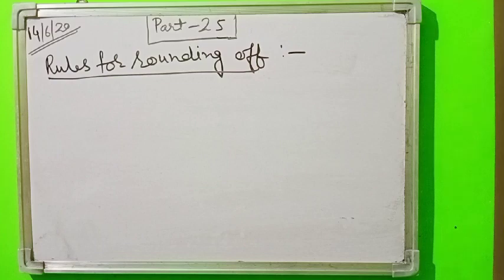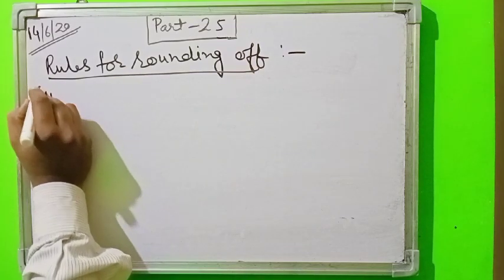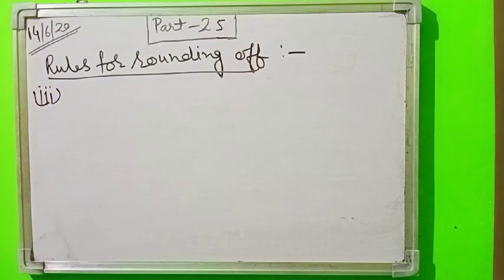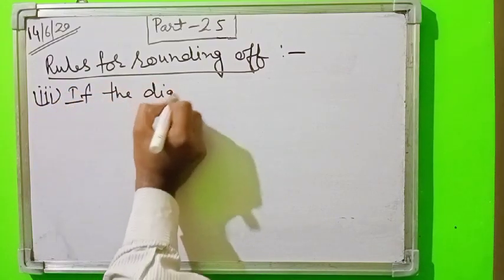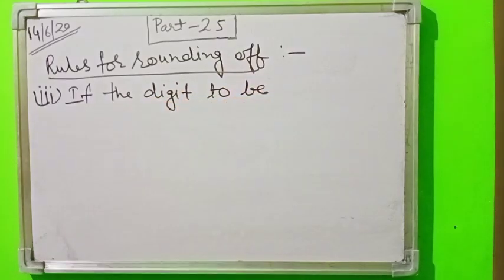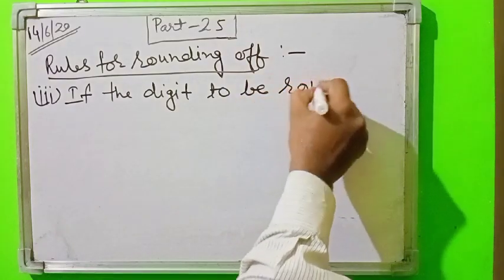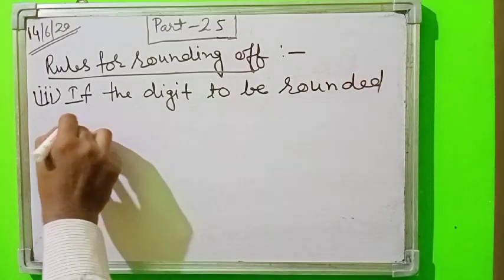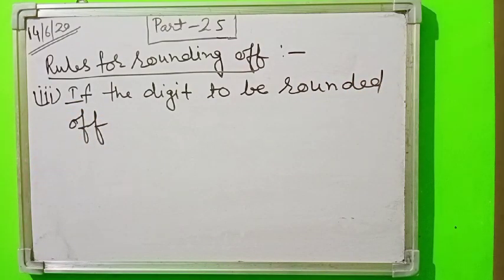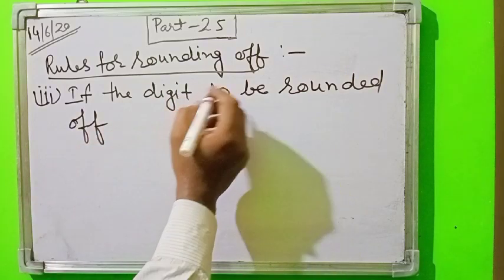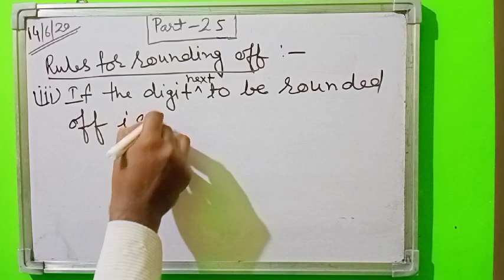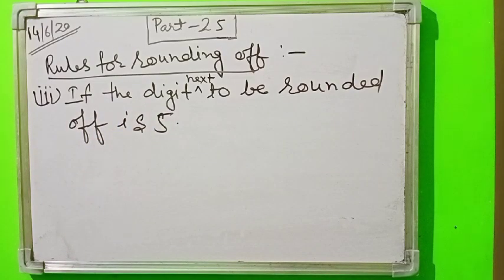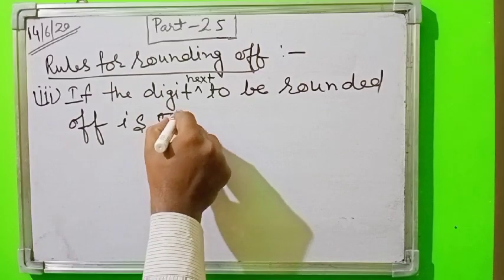The third rule is: if the digit next to the one to be rounded off is 5, then there are two cases.